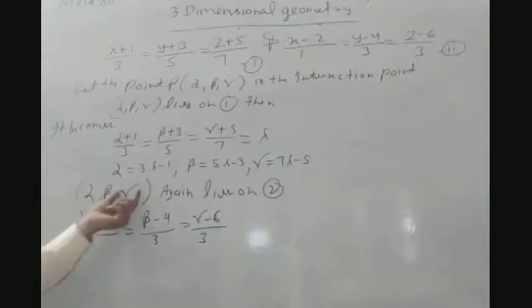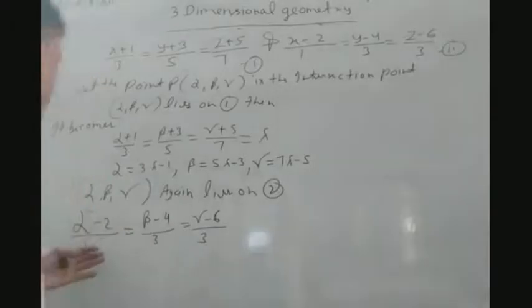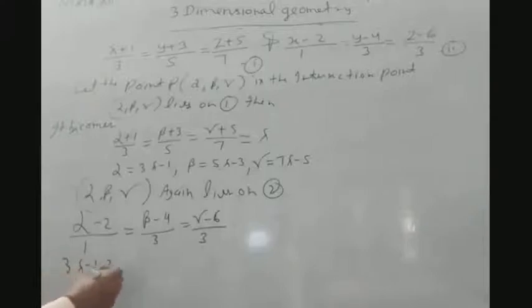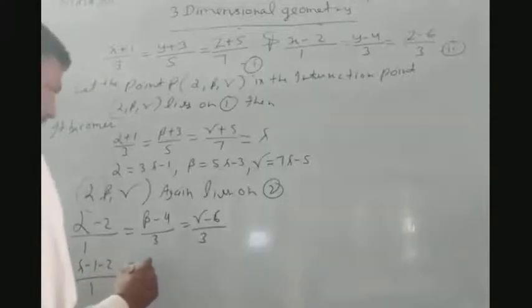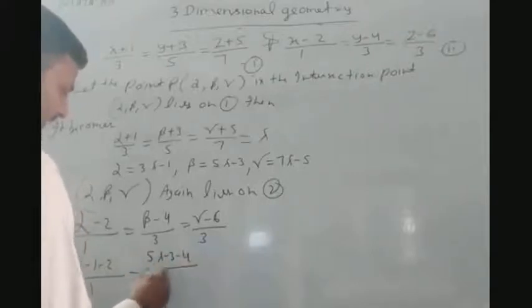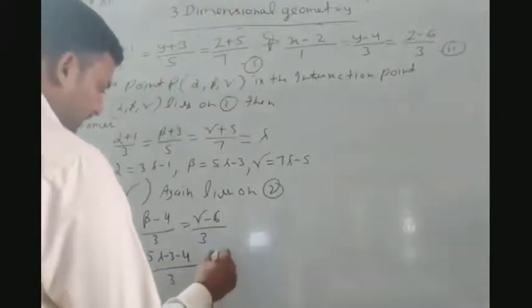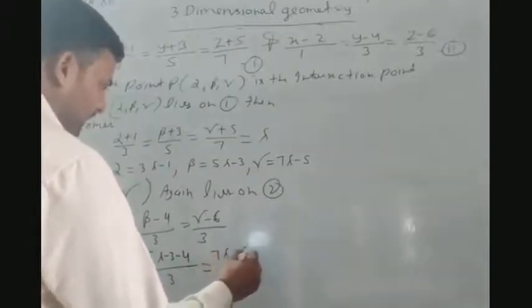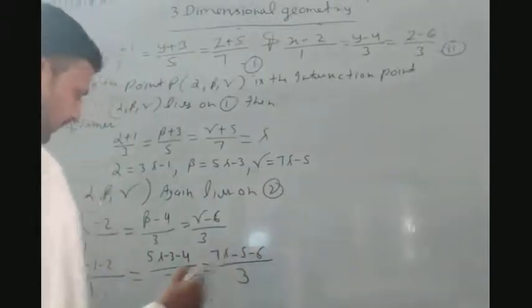Now we know the values of alpha, beta and gamma, so we put them here. We get (3 lambda minus 1 minus 2) by 1 is equal to (5 lambda minus 3 minus 4) by 3, which is equal to (7 lambda minus 5 minus 6) by 3.